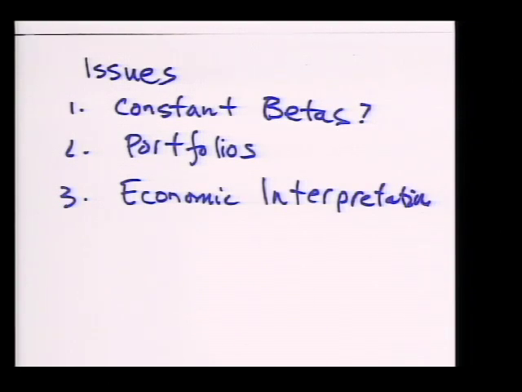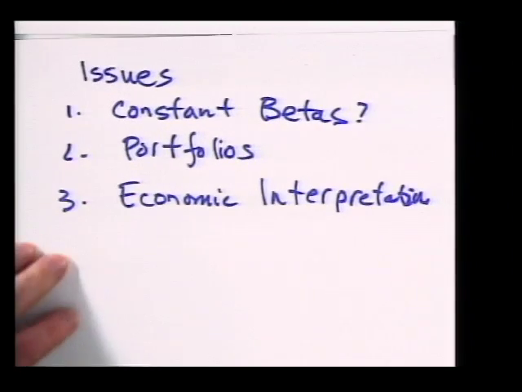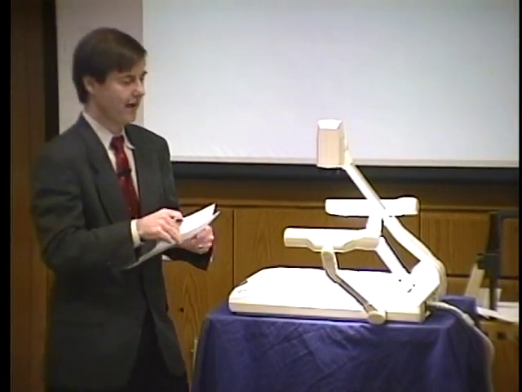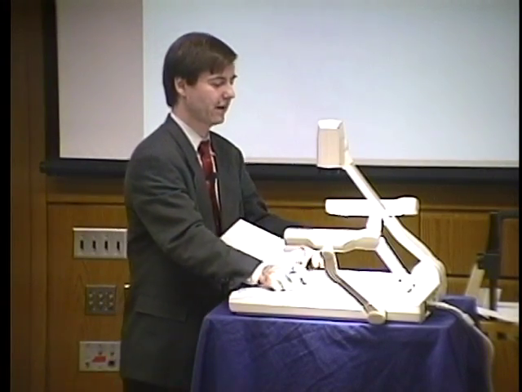Let me address this in a way that hopefully will link what we did in the first part of the lecture to right now. So you can think of the Fama-French model, and you can think of these people that are studying attributes in asset pricing, in the following way.